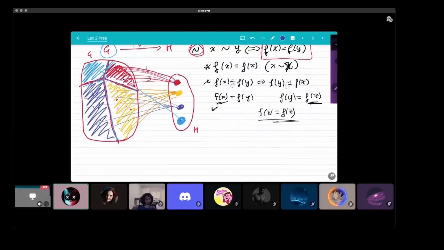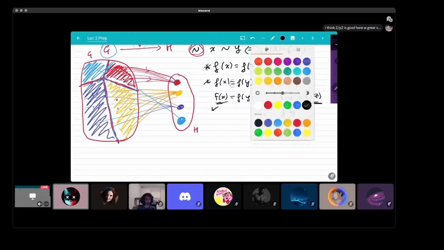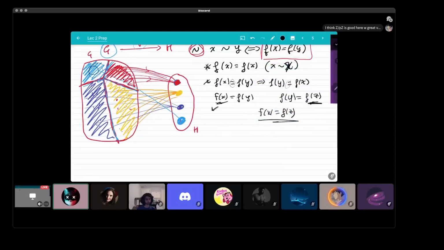And actually we can call the set of classes, that is the set of areas, G quotient equivalence relation. Or it's also called the quotient set, not a group.